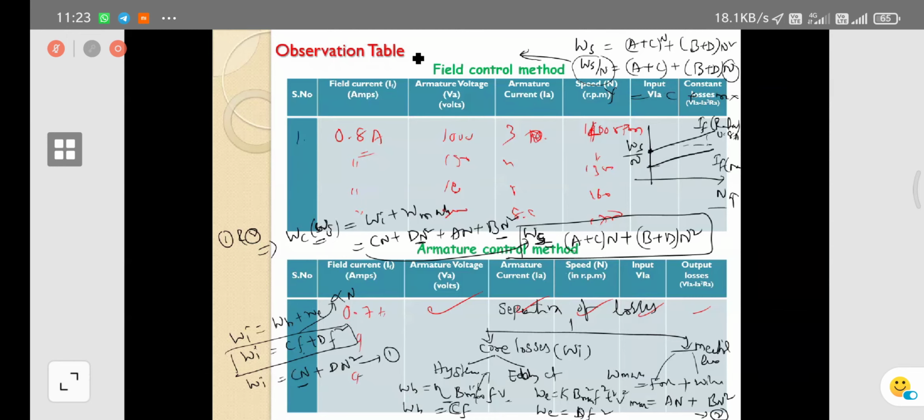Ws by n is then equal to A plus C dash plus B plus D dash into n.